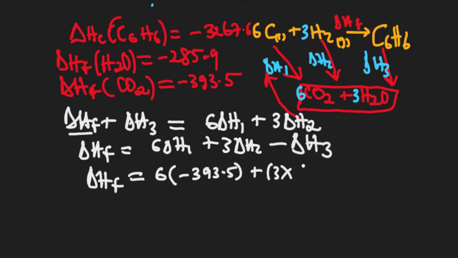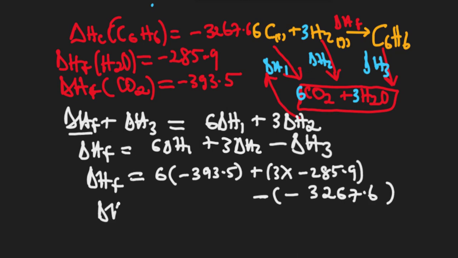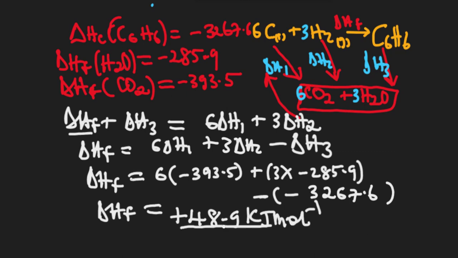We have minus 285.9, minus delta H3, which is the combustion of benzene, and we have minus 3267.6. So if you punch that in, the enthalpy of formation is going to be plus 48.9 kilojoules per mole. That will be our final answer. We see from the options that our best answer is A.